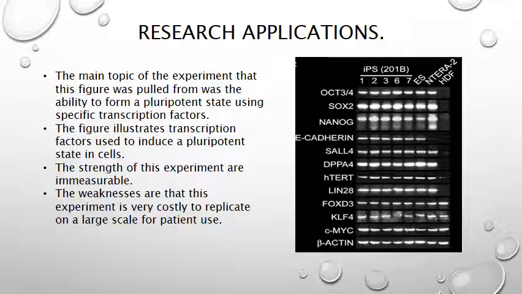So to push these experiments on the large scale forms would be very pricey for patients, making it very difficult for the average patient to get a hold of these induced pluripotent stem cells. But as stated, the immunoblotting was used to help identify the actual transcription factors that can induce pluripotency in these cells.